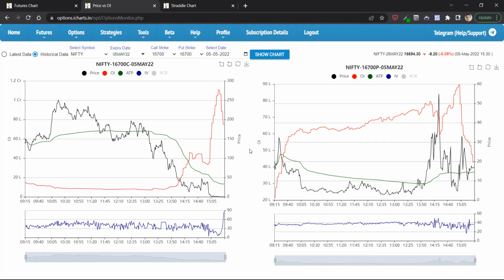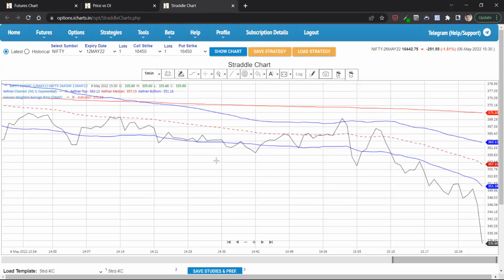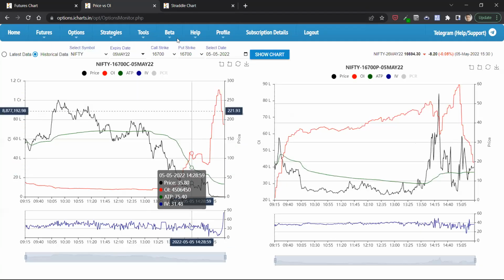I was more interested to know, in high IV environments like this, is there any strategy that has actually worked for an option seller or an option buyer? Let me tell you, there's one study I'm going to discuss on straddle charts. So let us see that once we go there.